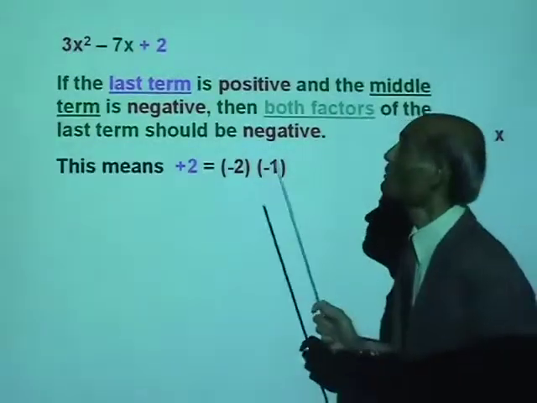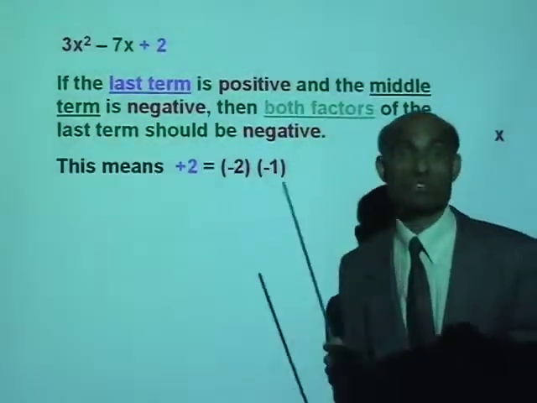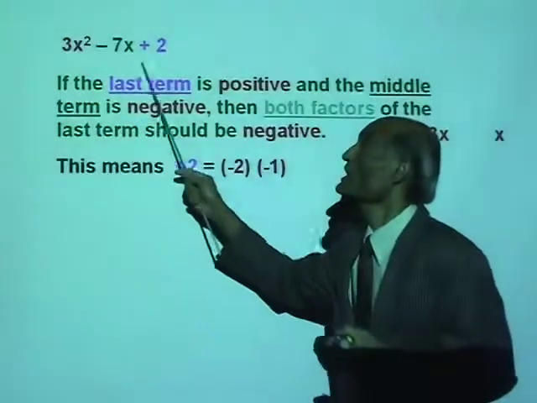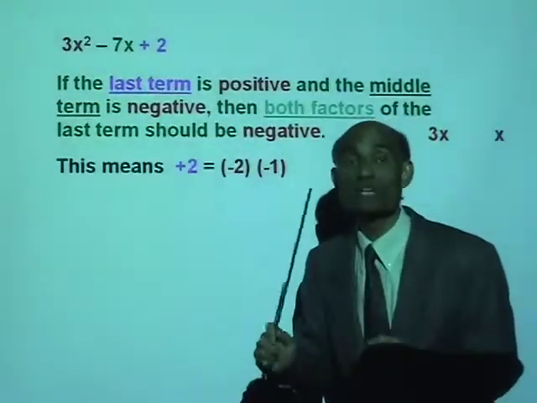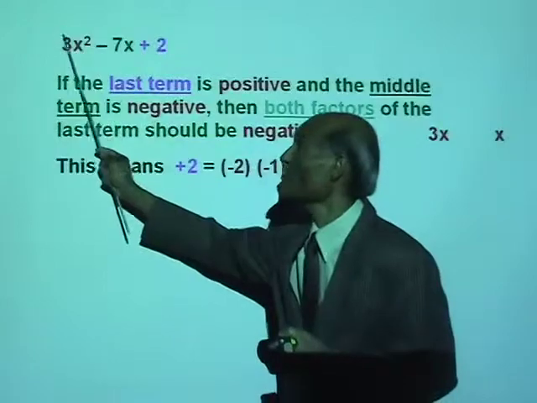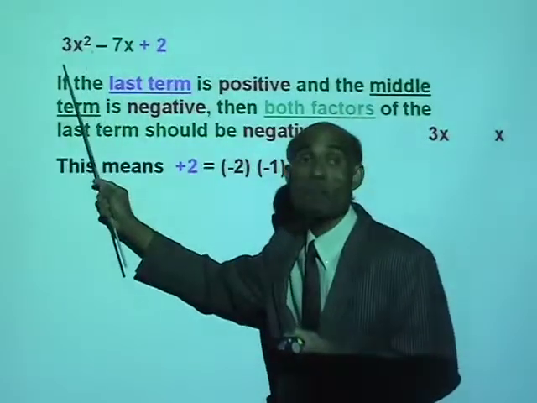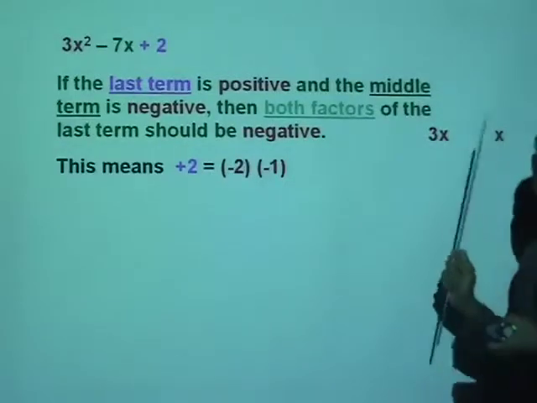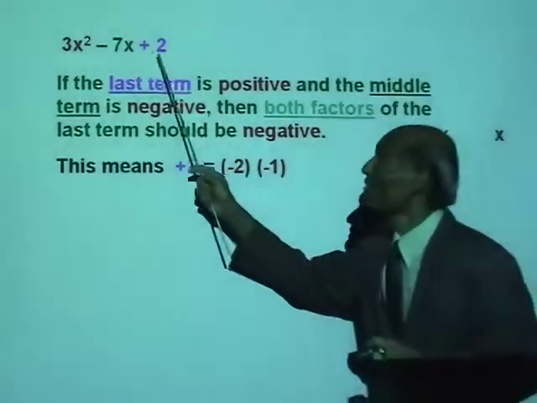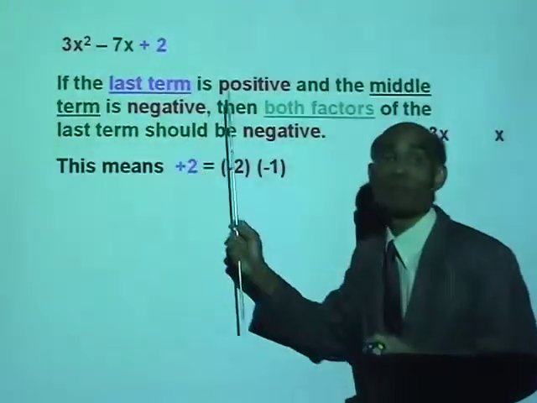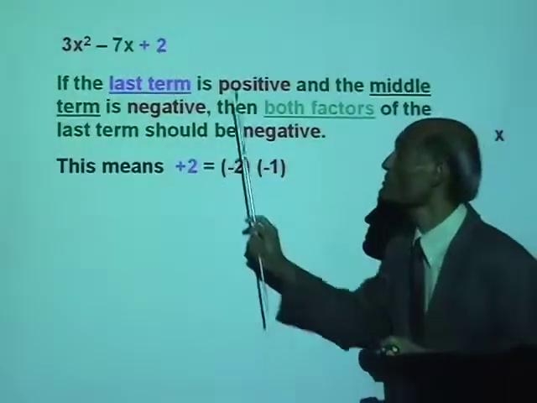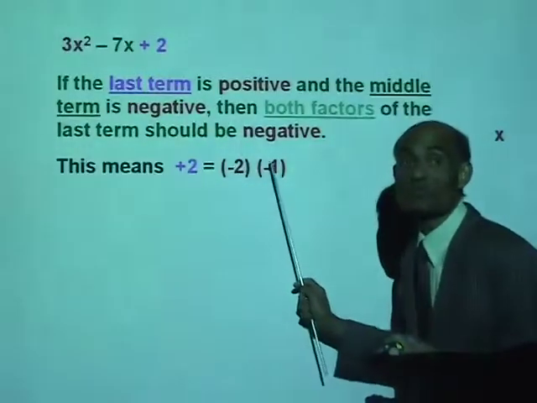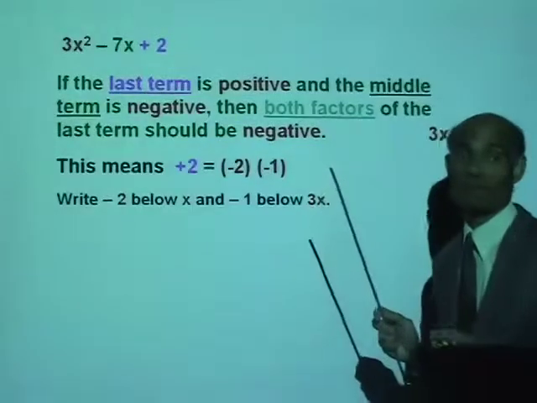Alright, so we have now done two things in factoring this expression. What are the two things we did? We first factored the first term, 3x squared, as 3x times x. Then we factored the last term: positive 2 as negative 2 times negative 1.